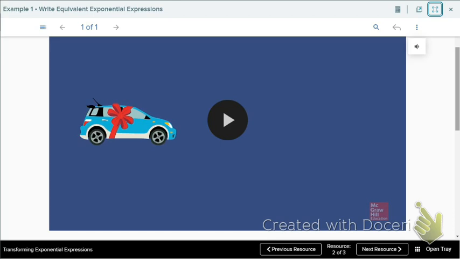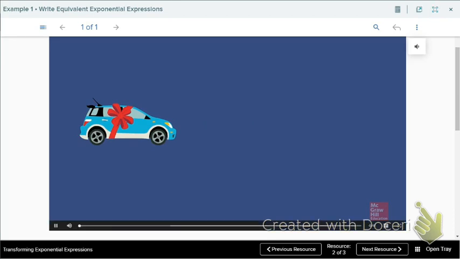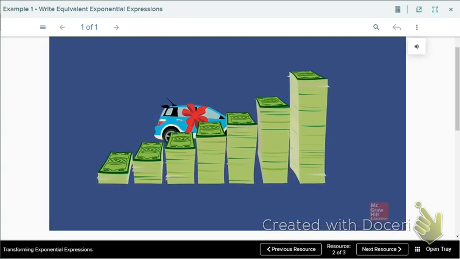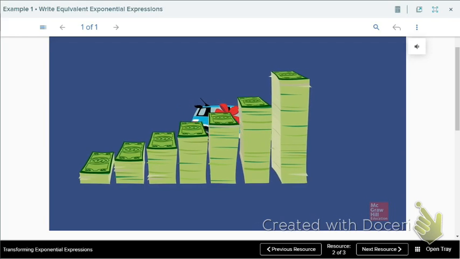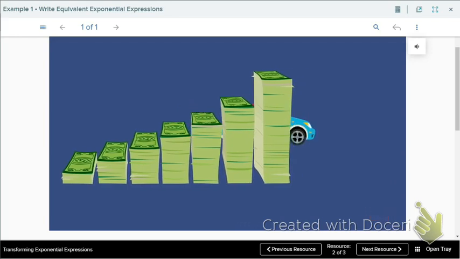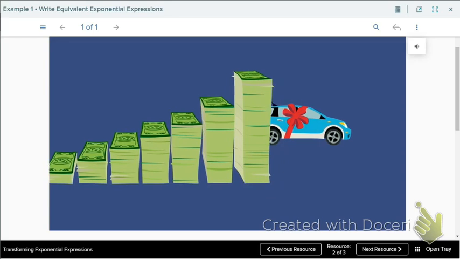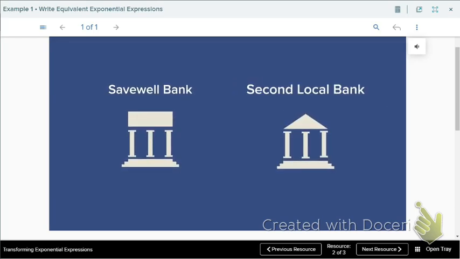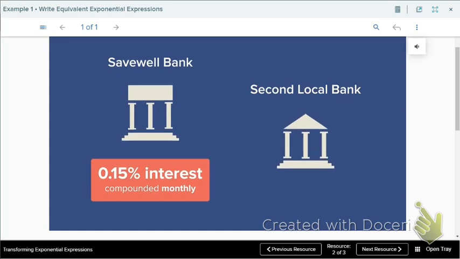Okay, so to discuss this, I want to begin by showing you this little video clip. When saving money for a car, you may want to open a savings account with a local bank. Because banks offer different interest rates, it's a good idea to compare the rates before making a decision, so your money can earn the most interest. Suppose you receive offers from two different banks. If you open a savings account with Savewell Bank, your interest rate will be 0.15%, compounded monthly.